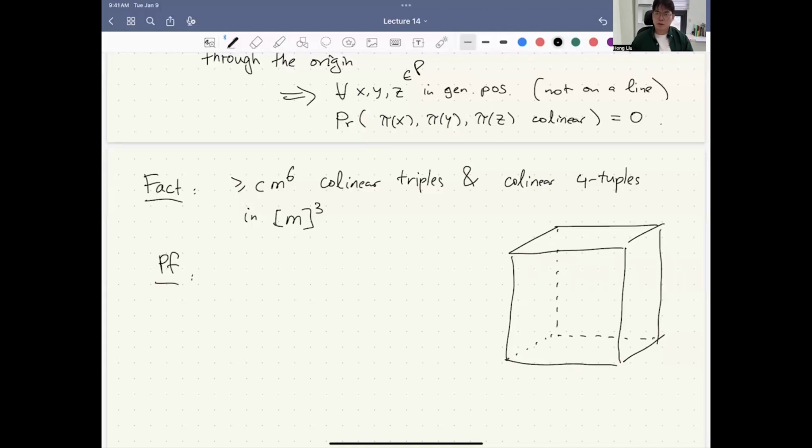The cube has side length m. Let's grab a 1/4 subcube, an m/4 cube.